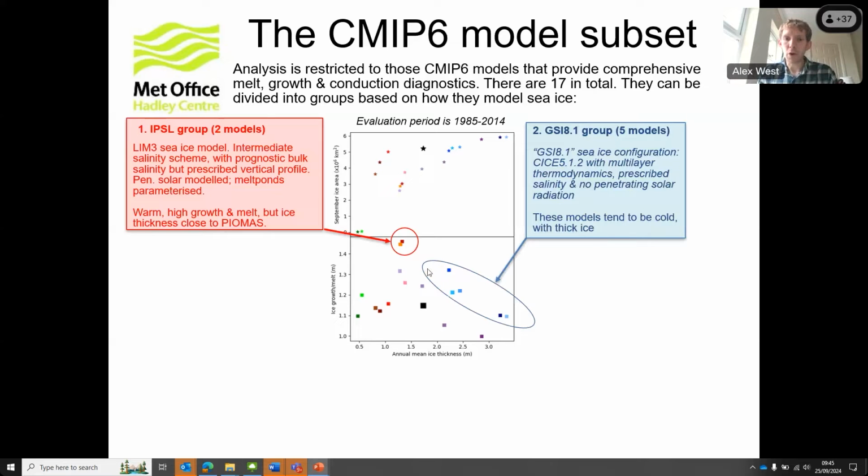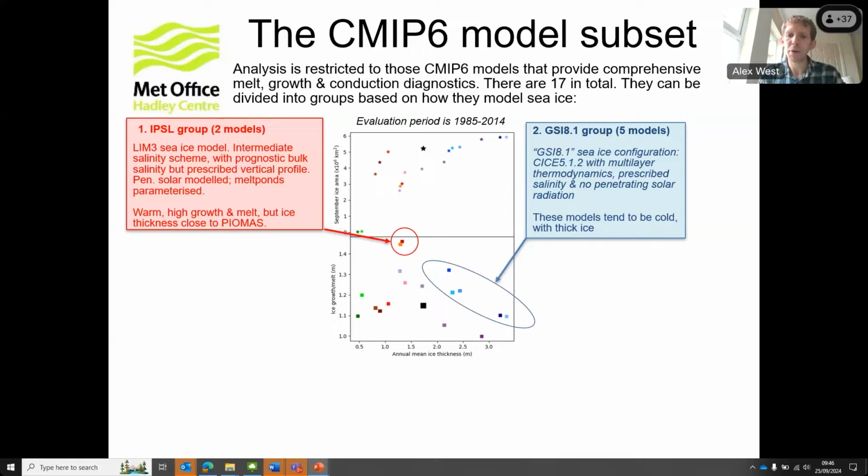The blue dots are the so-called GSI8.1 group. These use the GSI8.1 sea ice configuration developed by the Met Office. This is SI3 5.1.2, which is perhaps unique. These are the models that don't have penetrating solar radiation in summer, or the sunlight is absorbed at the surface of the ice.